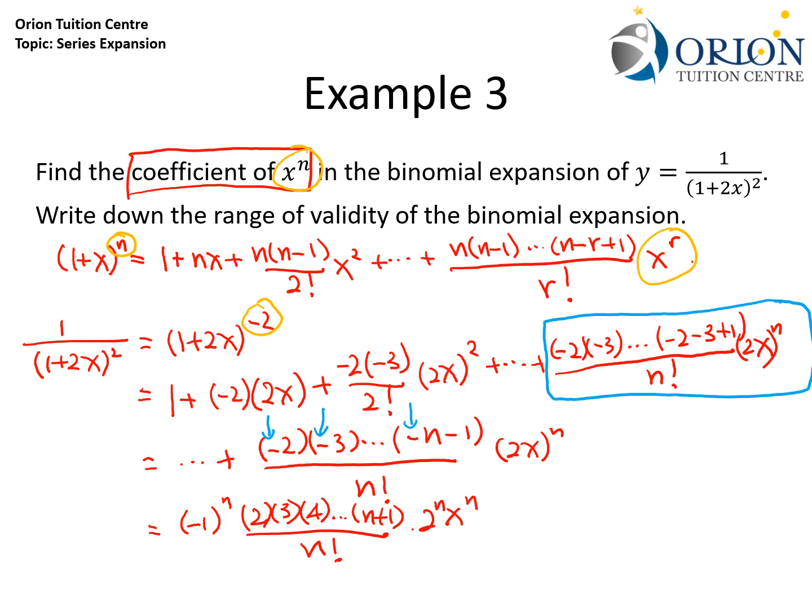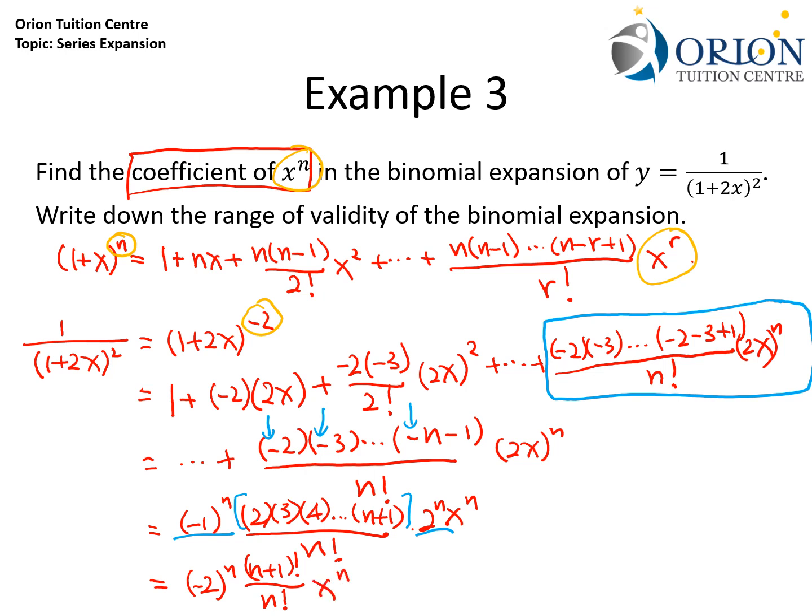Now we can combine the terms. Negative 1 power n and 2 power n can become negative 2 to the power of n. 2 times 3 times 4 all the way until n plus 1 is the same as n plus 1 factorial. We divide it by n factorial times x power n.